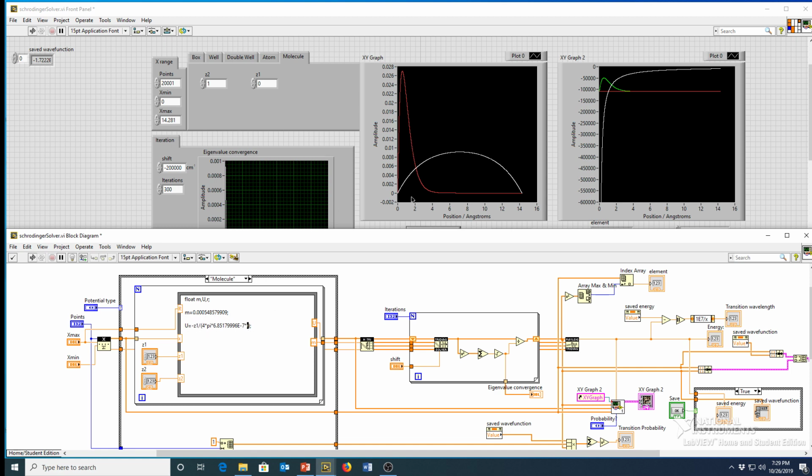What is the distance between the nucleus and the electron? Well, it's just x. And actually, we do need to shift this. So x plus 1e-10 or so should be fine to stop it from having that negative infinity point.